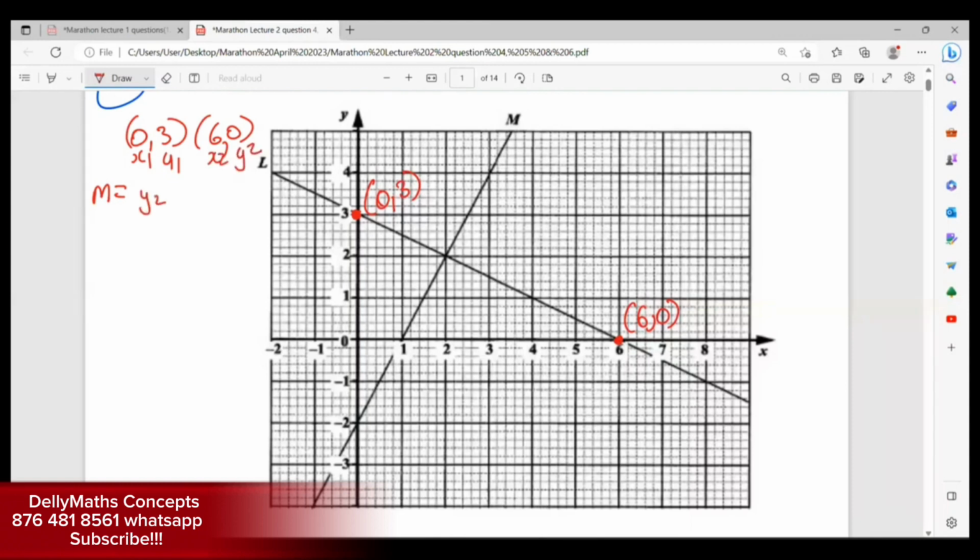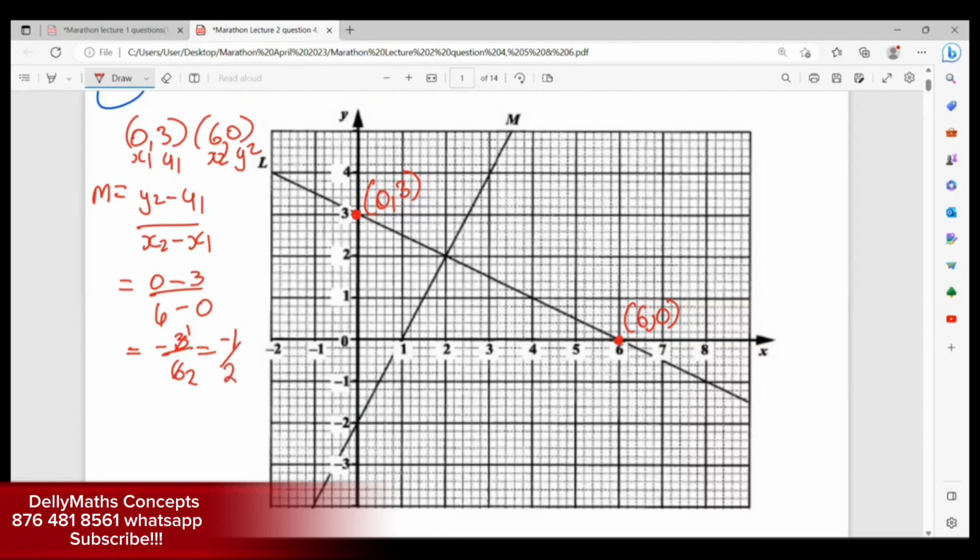The gradient is Y2 minus Y1 over X2 minus X1. Y2 is 0 minus Y1, 3 over X2 is 6 minus X1, 0. We'll get negative 3 over 6. And when you cancel it down, you get negative 1 over 2.